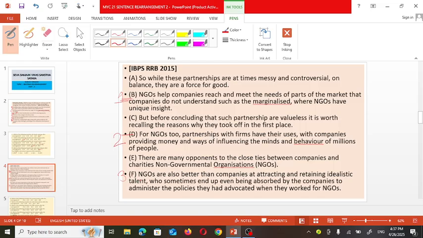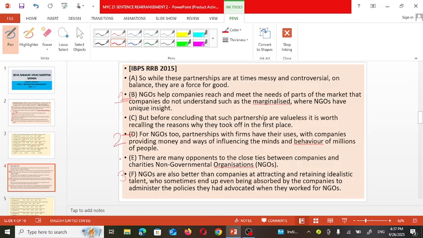See here the statement: NGOs are also better than the companies at attracting and retaining idealistic talent, who sometimes end up even being absorbed by the companies to administer the policies they have advocated when they work for NGOs. This F statement supports statement D and tells about the edge of NGOs over the company.